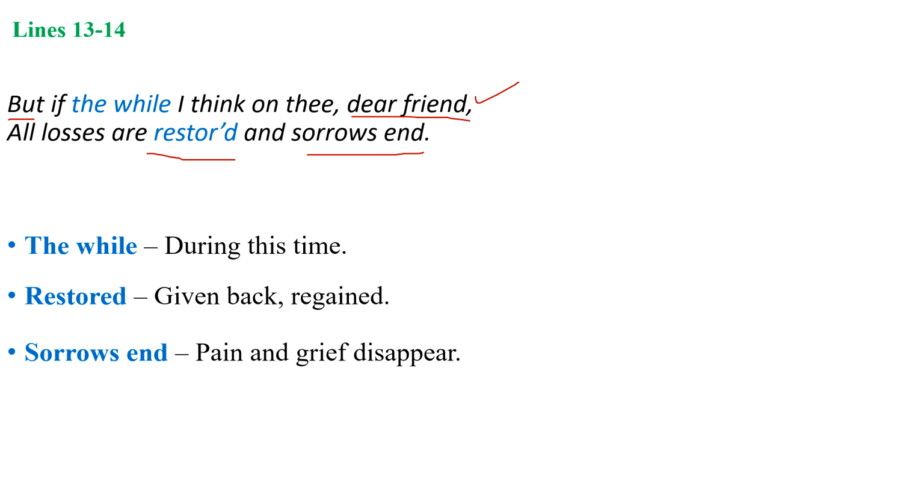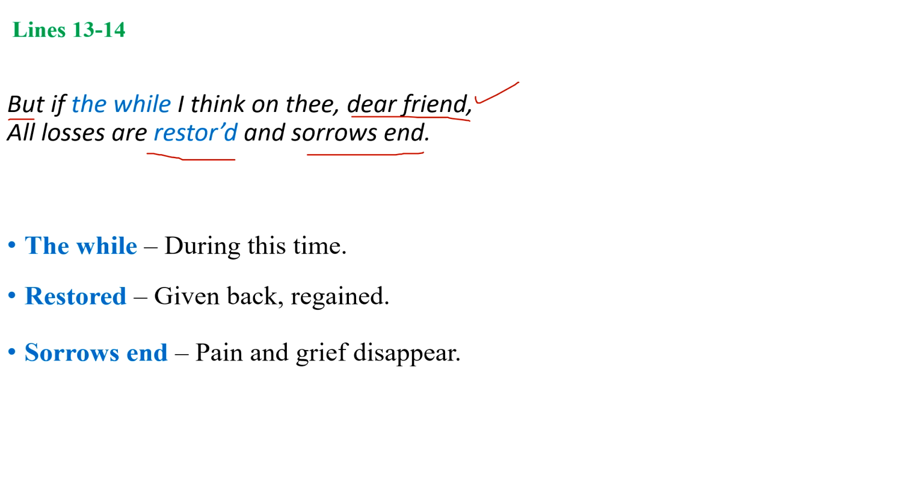So, in the three quatrains, he complains, he expresses grief, and he expresses sadness. But in the final couplet, the poet shifts to joy, sorrow to joy.